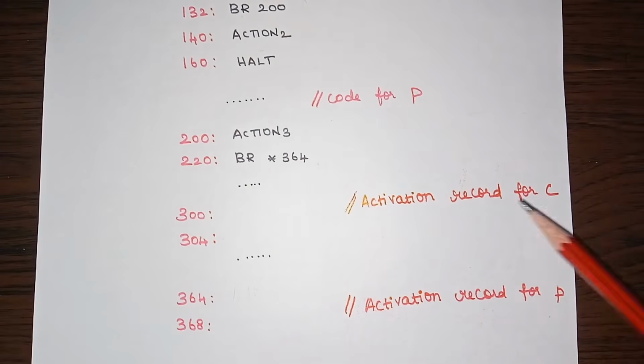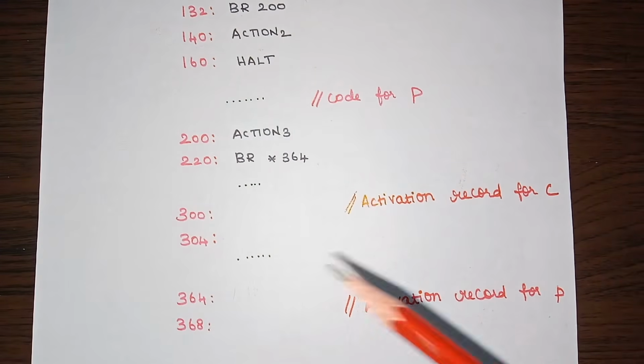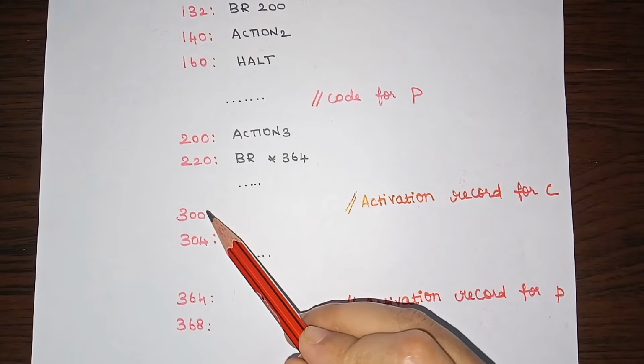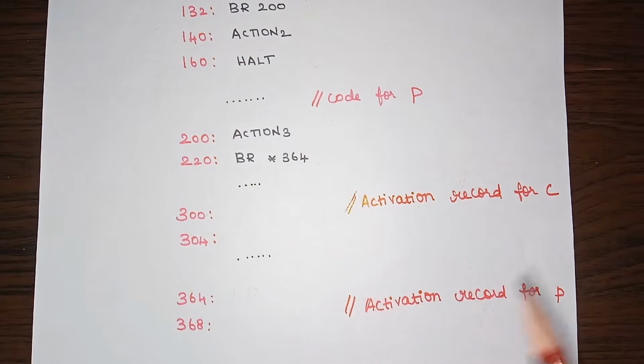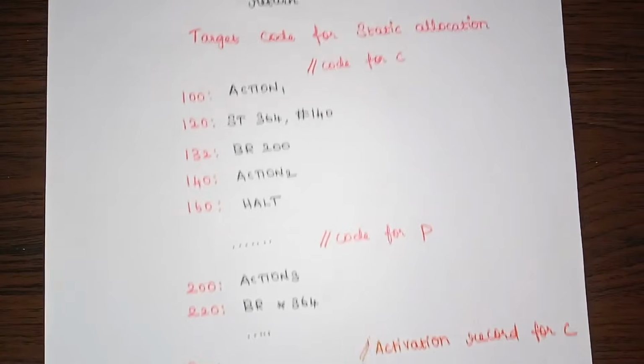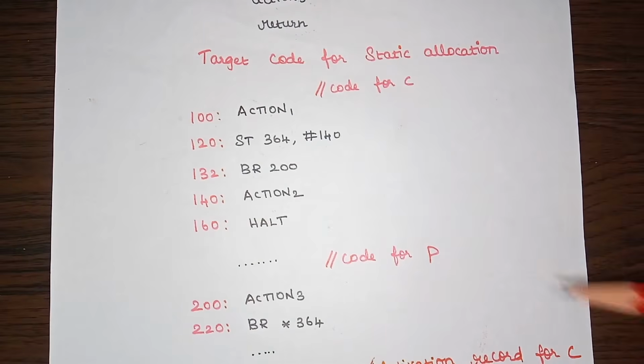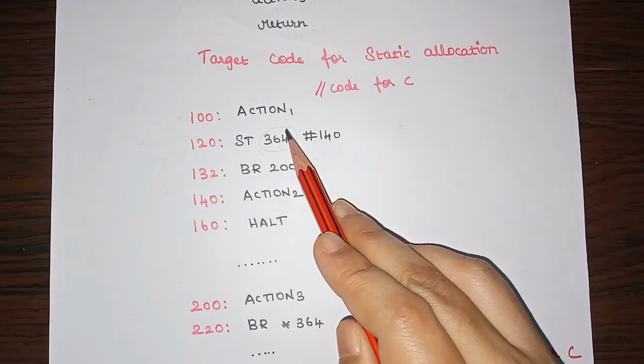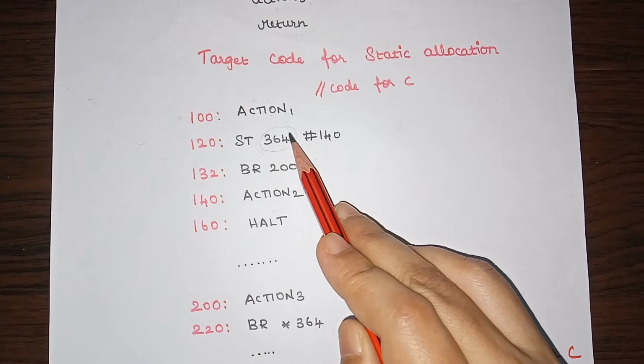Here we have the activation records for both procedures C and P. For procedure C, the activation record starts with address 300 and goes on. For procedure P, the activation record starts with the location 364. Now what the store contains: whenever you are calling a procedure P, this should contain the beginning address of the activation record for the callee.